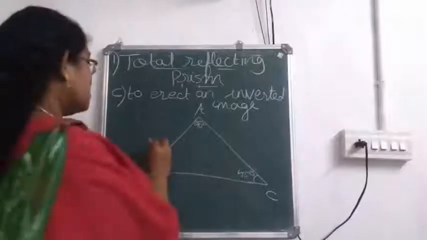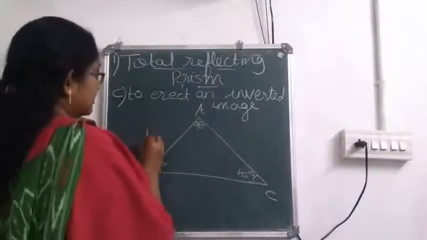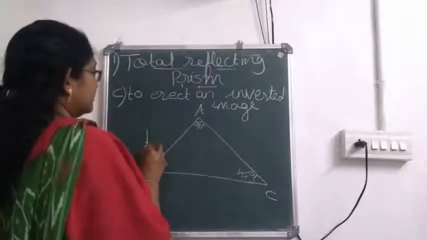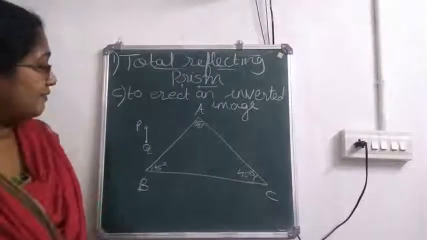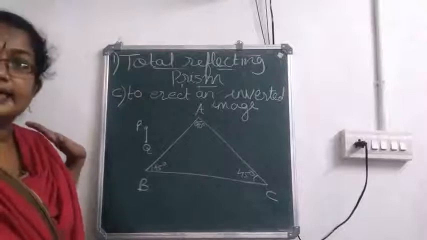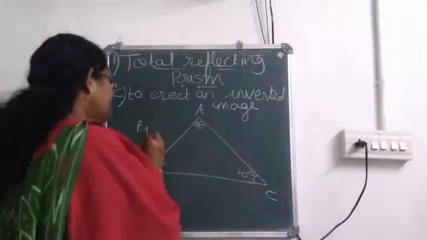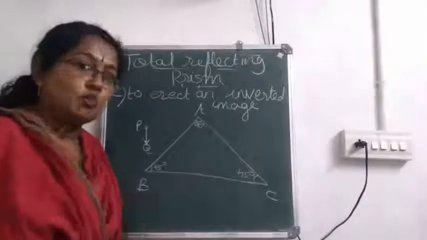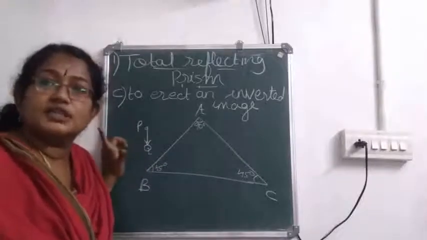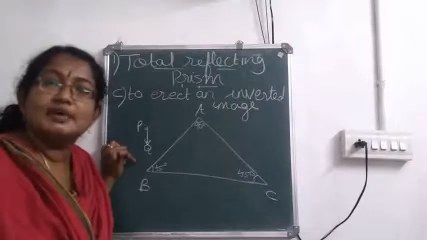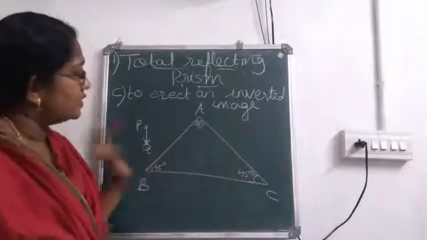Okay, so here we have the object PQ. We have the object on this side, and actually let this be the inverted object. Okay, here the arrow mark is like this. That is, it is an inverted object and you are going to make it erect using this prism.